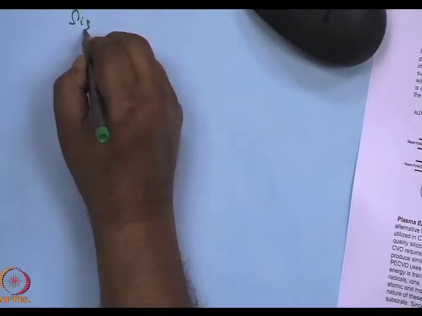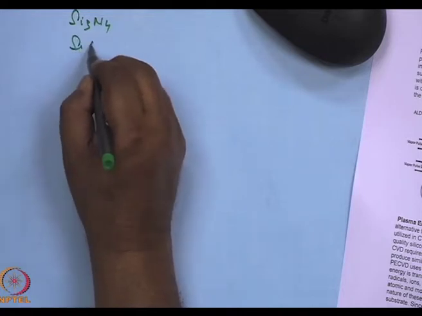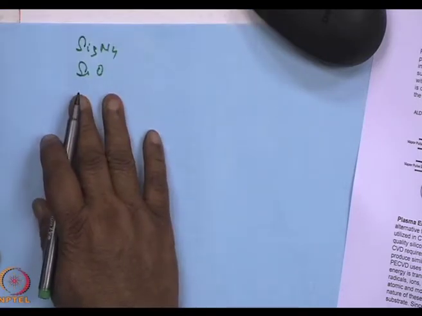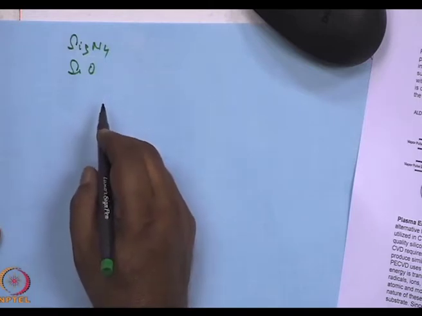So, in plasma enhanced CVD, one of the biggest advantages is the substrate can be maintained at very low temperature. Let us look at the systems that have been deposited by PECVD. Si3N4 silicon nitride, SiO. A lot of people will be shaken with SiO, but it exists.